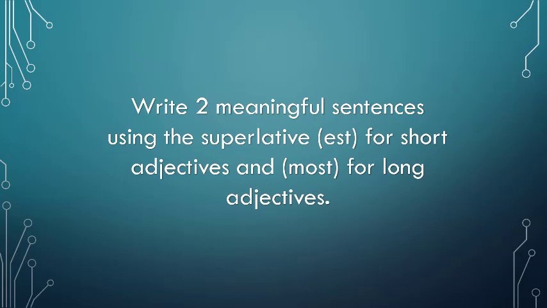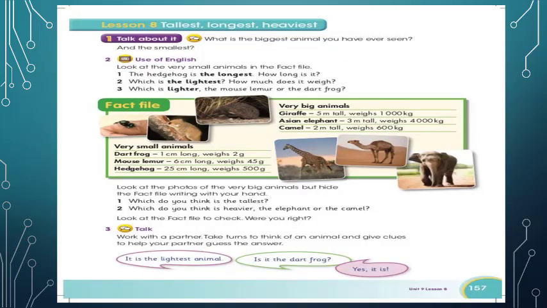Now, I will give you my sentence. English is the most interesting subject. Is it my sentence or is it the same as the example? Right, it's the same as the example. That's correct.